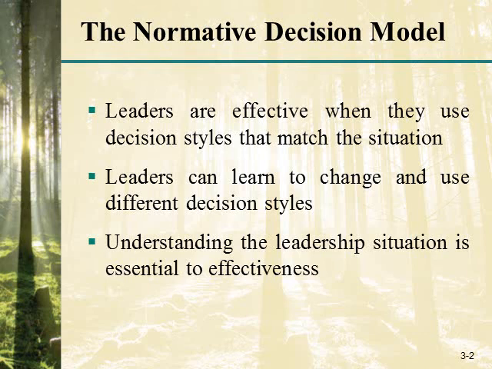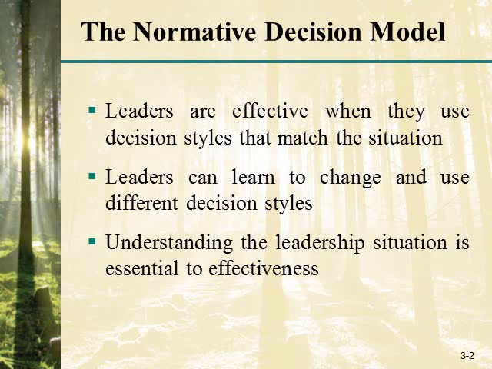So the normative decision model recommends that leaders adjust their decision style depending on the degree to which the quality of the decision is very important and the likelihood that employees will accept the decision. So we should match the decision style and the situation.